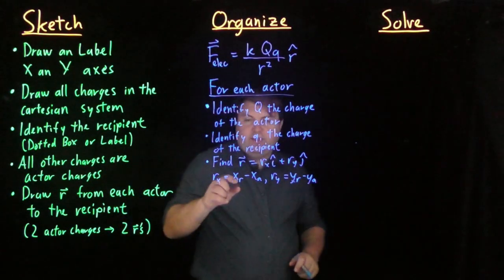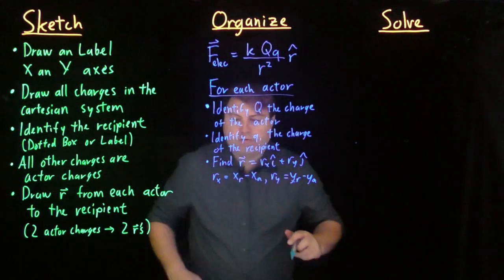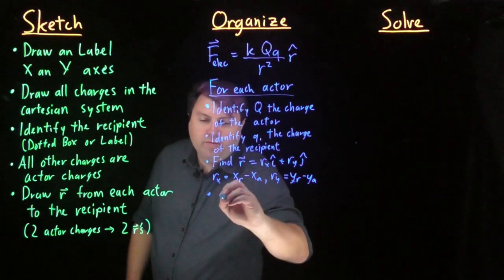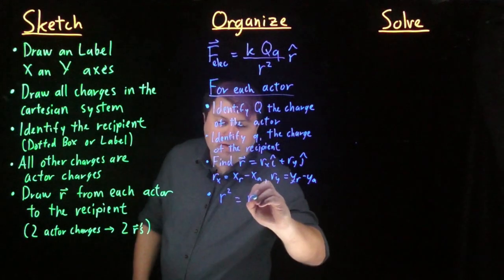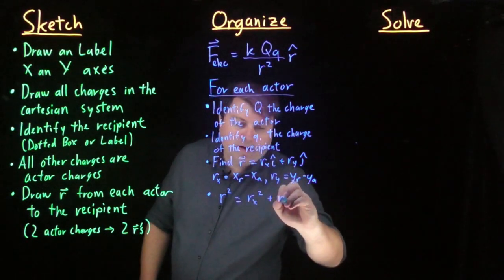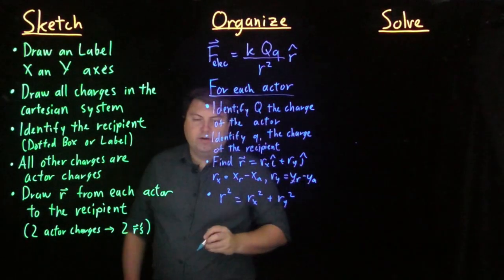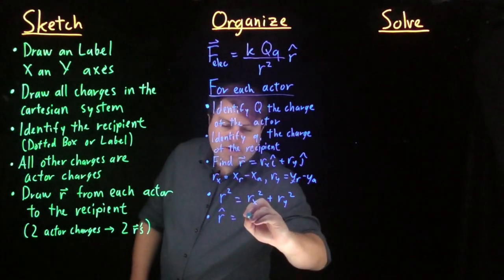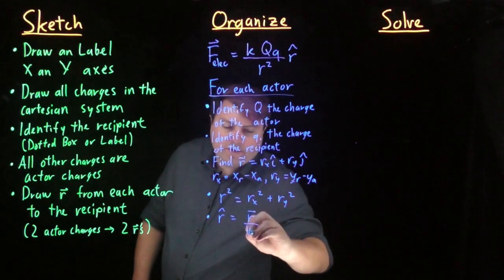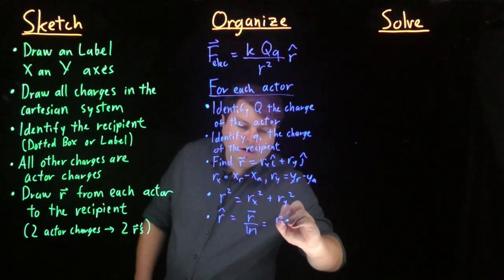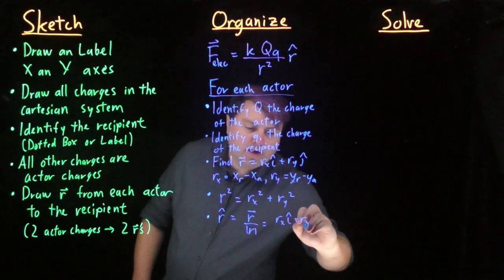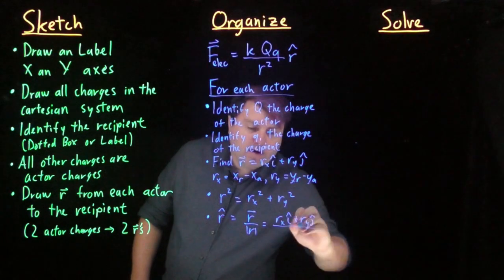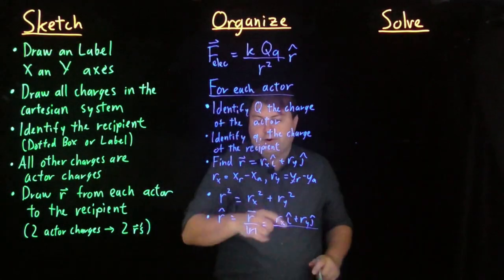Once we've found this, once we know r_x and r_y, then we can find r squared, which is equal to r_x squared plus r_y squared. And we can find r hat, which is equal to the r vector over the magnitude of r, or r_x i hat plus r_y j hat over the square root of r squared.